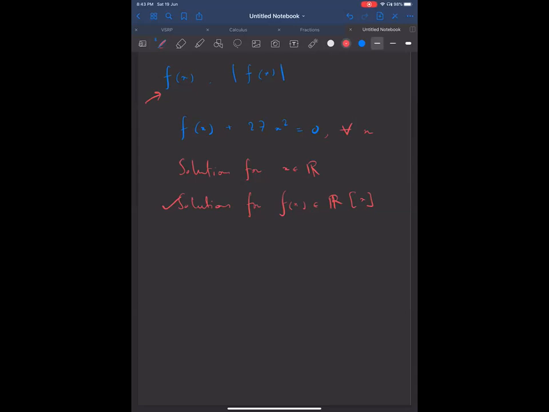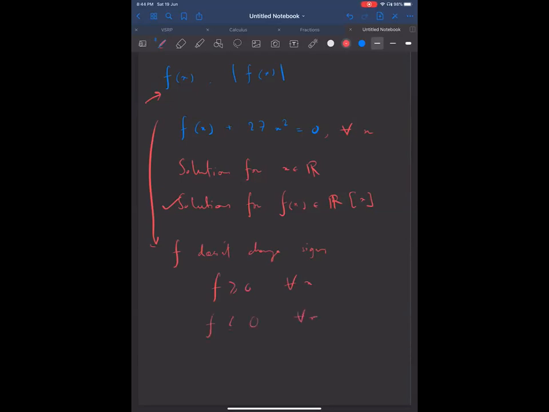The problem is not very difficult. First, looking at it, if f(x) is a polynomial and mod f(x) is also a polynomial, we can say that f doesn't change signs. So either f is greater than or equal to 0 for all x, or f is less than or equal to 0 for all x.